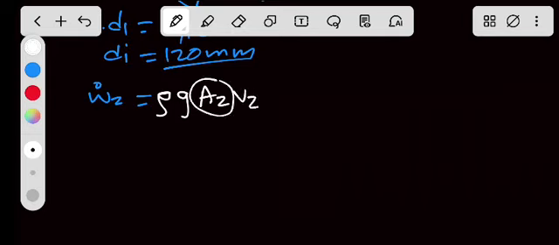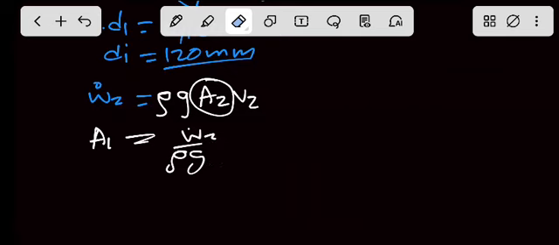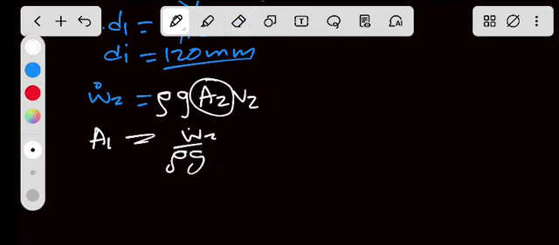At the end we want the area, so we can make that area the subject. Right, so we have area 2.